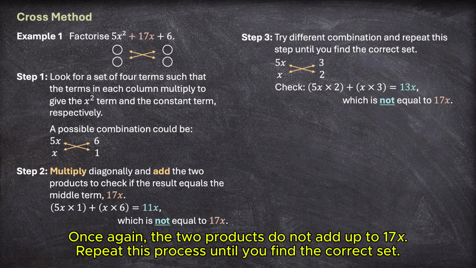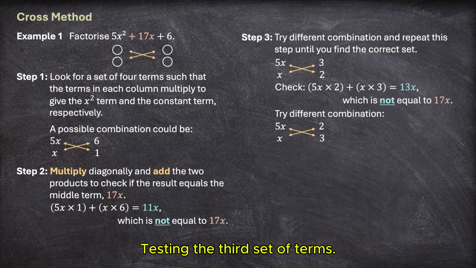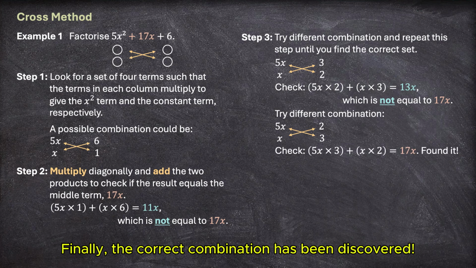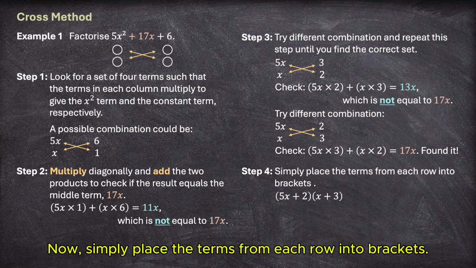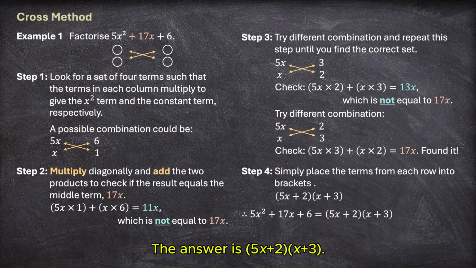Once again, the two products do not add up to 17x. Repeat this process until you find the correct set. Testing the third set of terms. Finally, the correct combination has been discovered. Now, simply place the terms from each row into brackets. The answer is (5x + 2)(x + 3).